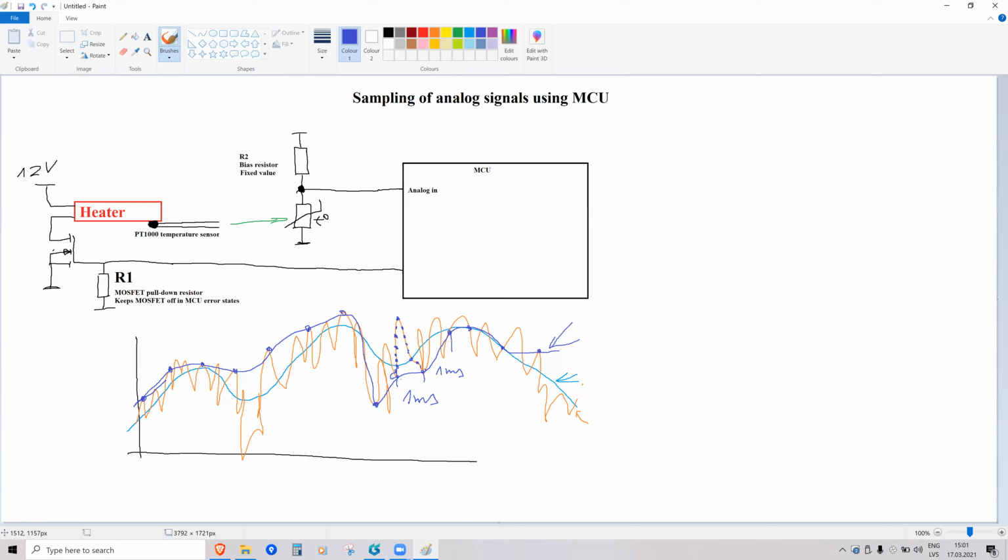But if we would zoom in, this orange signal would have even higher frequencies. Even in here, it would just be noise, because noise usually has infinite spectrum. So sampling more oftentimes doesn't really solve the problem.